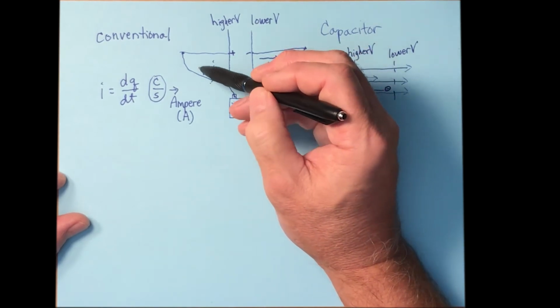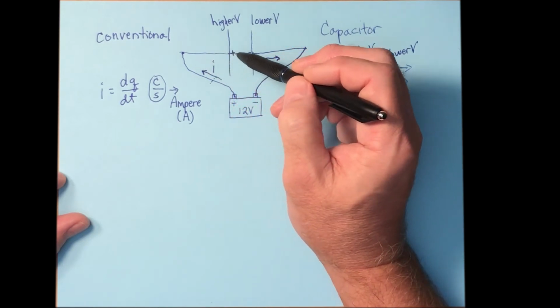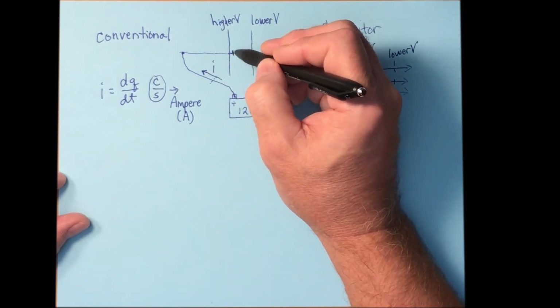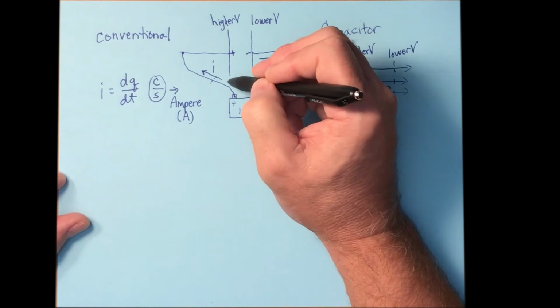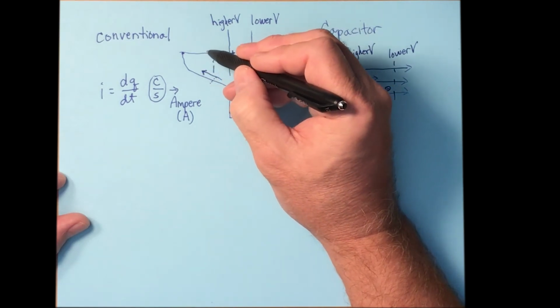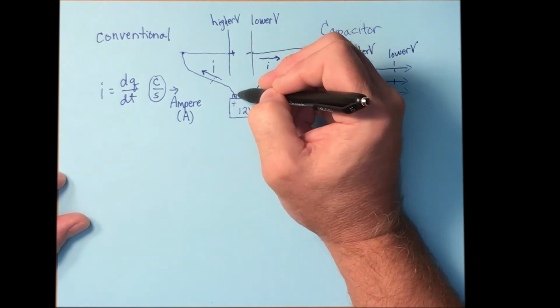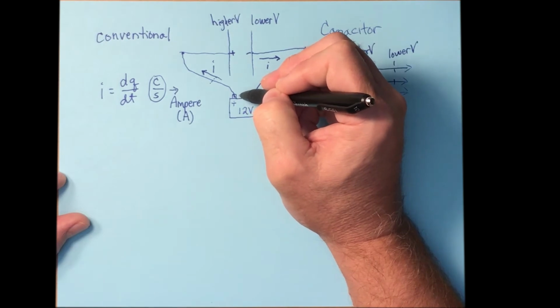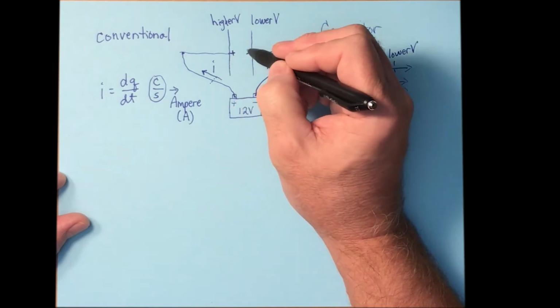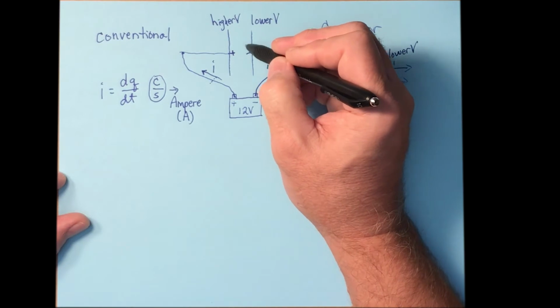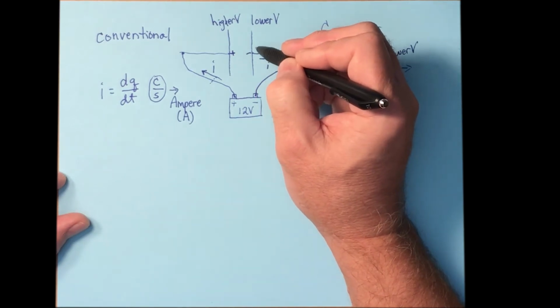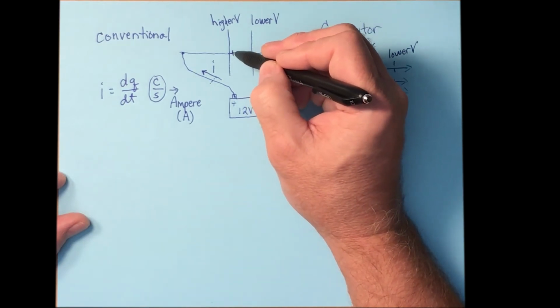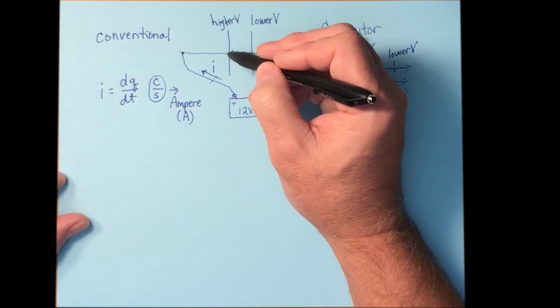All right, now think about what happens given enough time here. We've got this positive charge that moves along here, and there's already a positive charge there, so here comes the next positive charge. Well, the next positive charge is being pushed by the potential difference of the battery. The next positive charge wants to get as close to the lower potential as possible, but now there's a positive charge there that's going to push back a little bit.